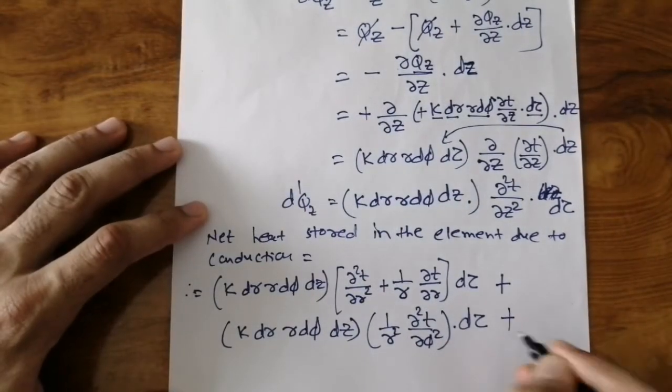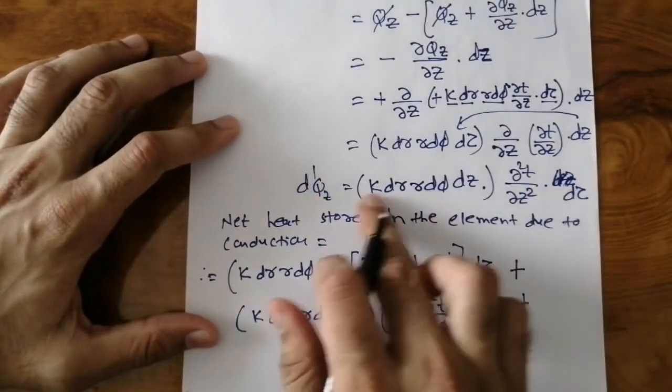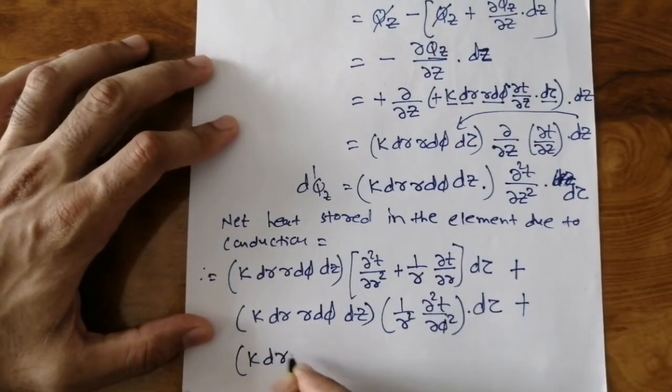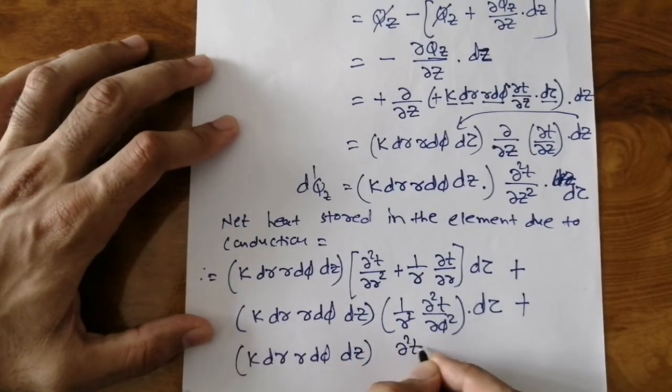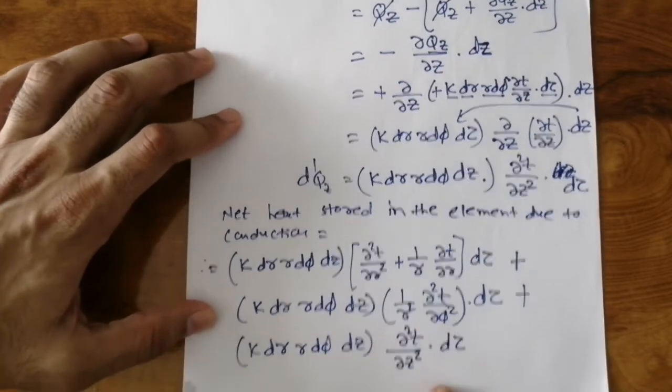Now plus summation of axial direction equation. So that is your axial direction equation. So it will be k dr r d phi dz del square T by del z square into d tau.